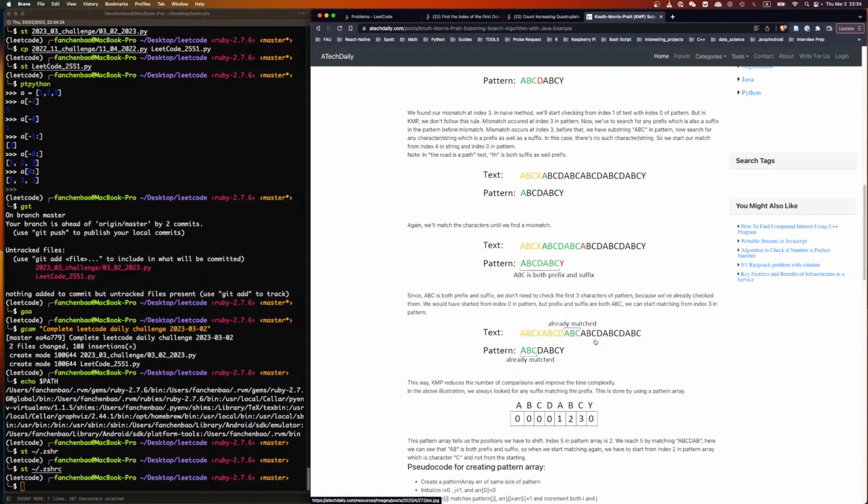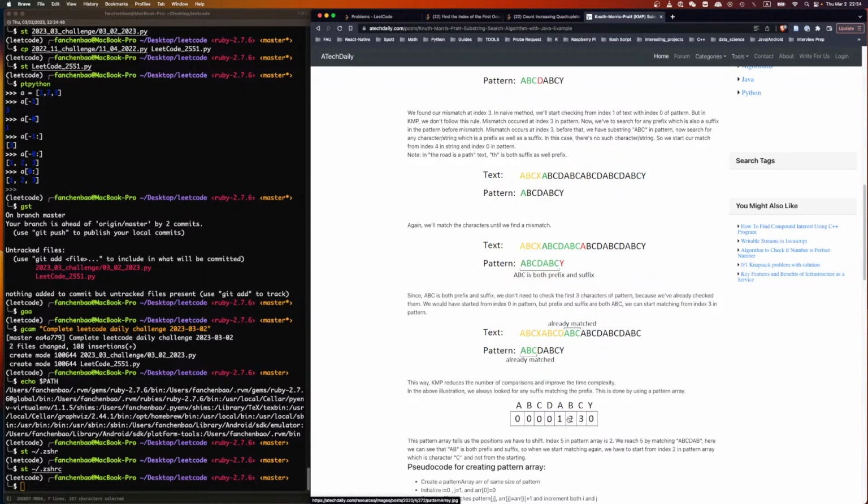How do you build a pattern? Yeah, you can do this, right?